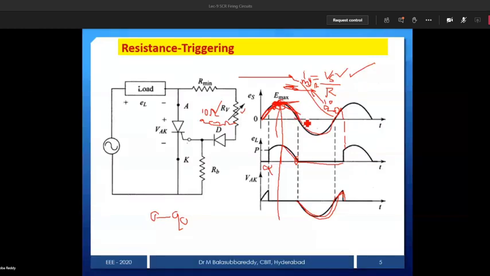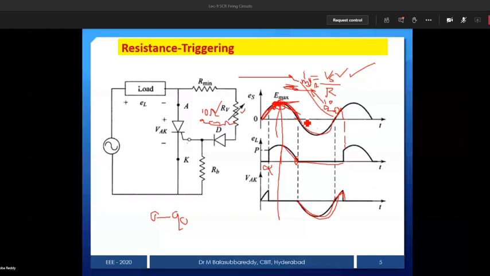One drawback is that the control is based on a resistor, so you are using a resistor to control the voltage, and power dissipation is going to take place. Another drawback is that the control range is 0 to 90 only. We are not able to control the output beyond 90 degrees, but according to our requirement the firing angle range is 0 to 180 degrees. With this resistance triggering method, you can control your output only from 0 to 90 degrees.